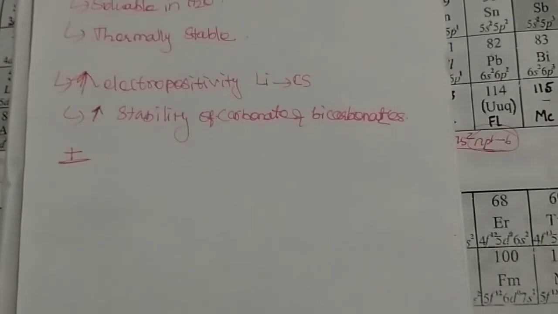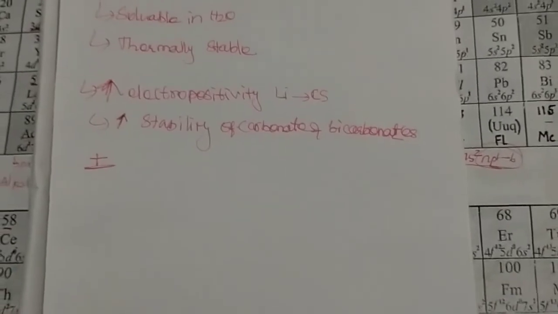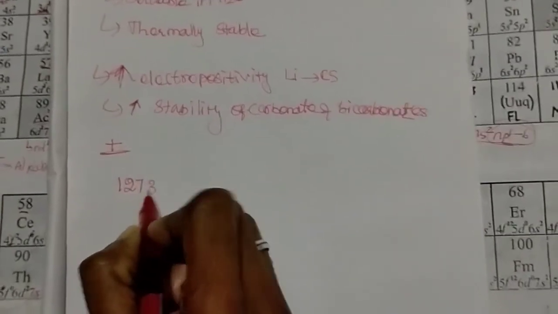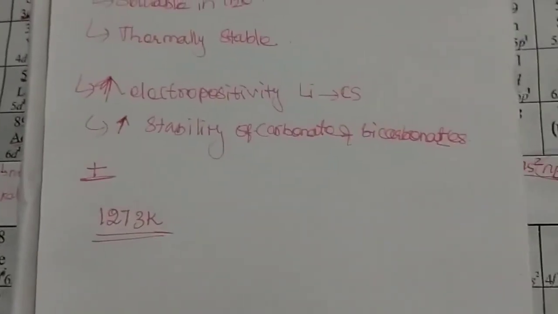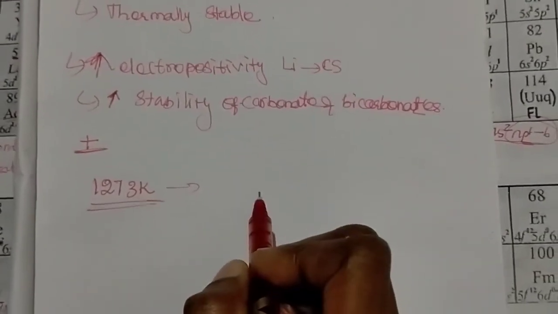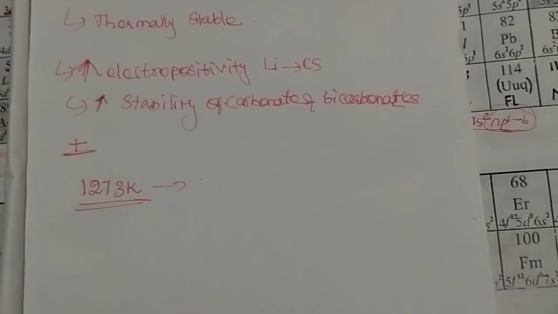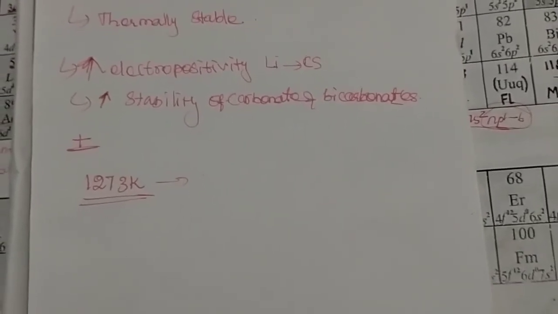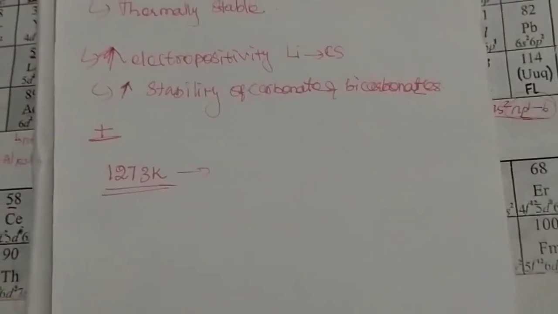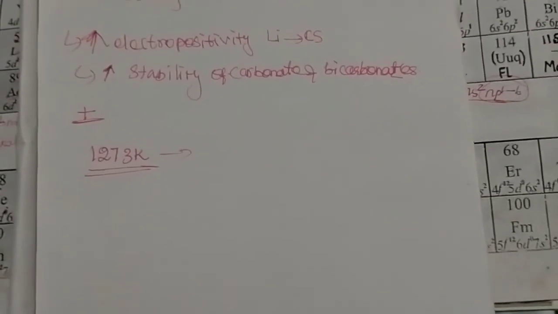The alkali metal carbonates are stable up to a temperature of 1273 Kelvin. Up to this temperature they are stable. When increasing the temperature above 1273 Kelvin, the alkali metal carbonates first melt and then decompose.